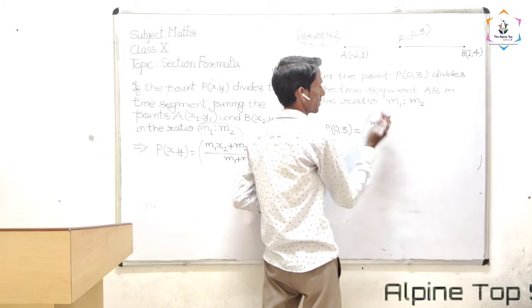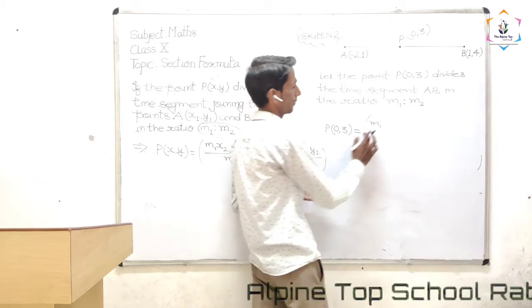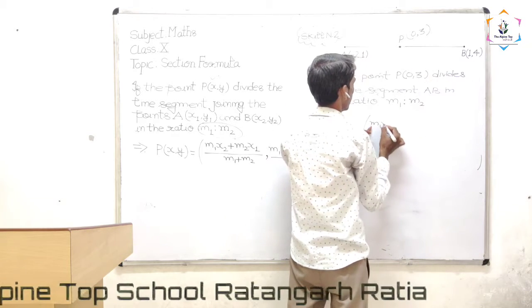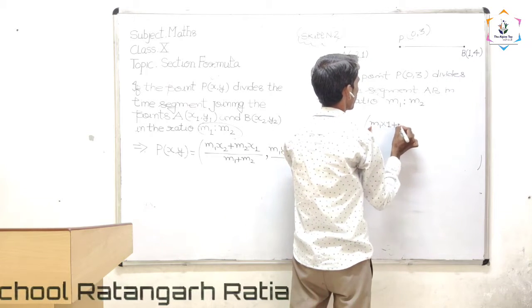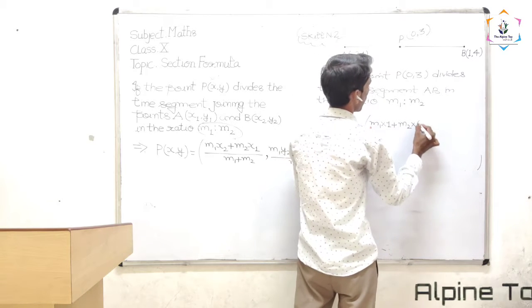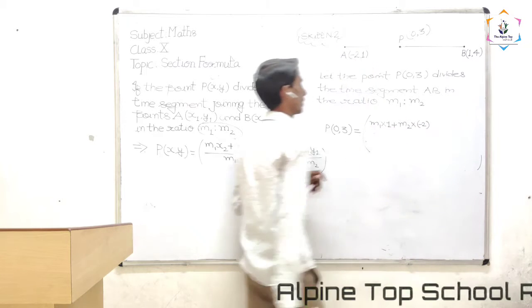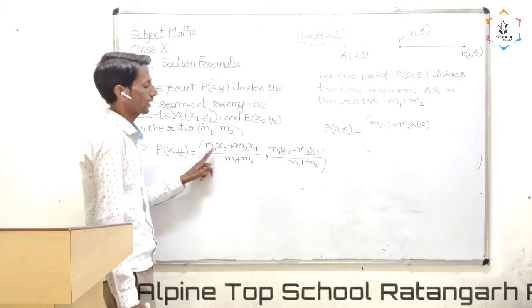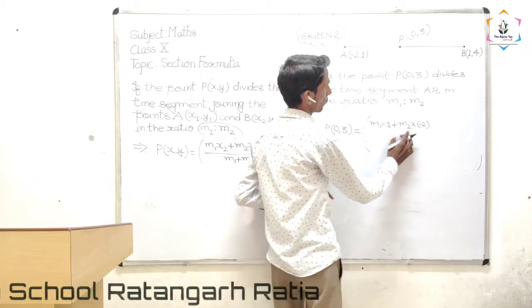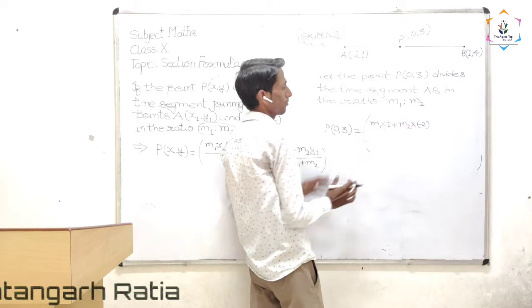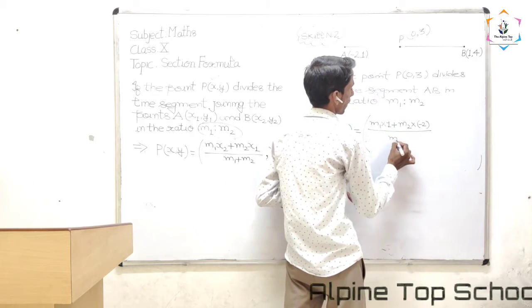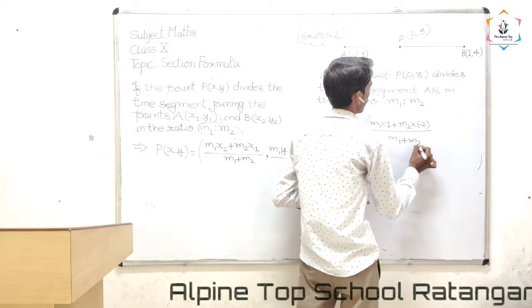We use m1 and m2 because we don't know the ratio. x2 is 1, so m1 x2 plus m2 x1, where x1 is -2. By the sum of the ratio, m1 plus m2.